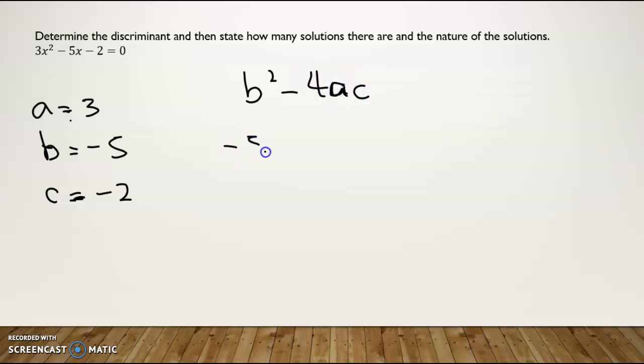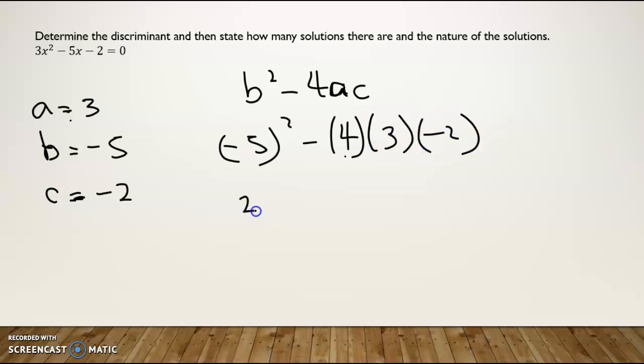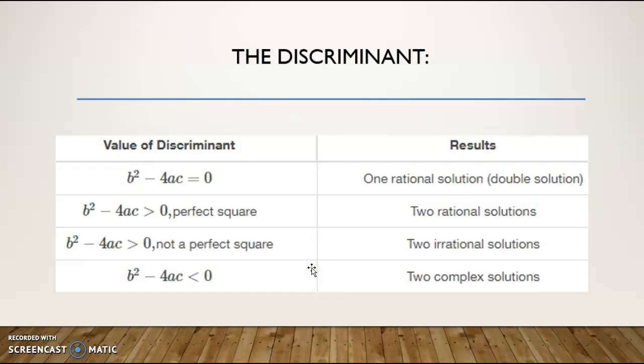So we got negative 5 squared minus 4 times 3 times negative 2. So we got 25. That'll be plus because I got negative here and here. So 4 times 3, that will be 12. And then times 2, that will be 24. So that's going to be 49. 25 plus 24, 49.